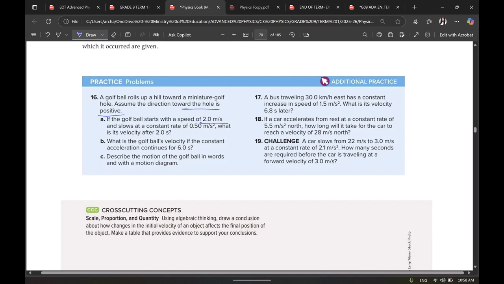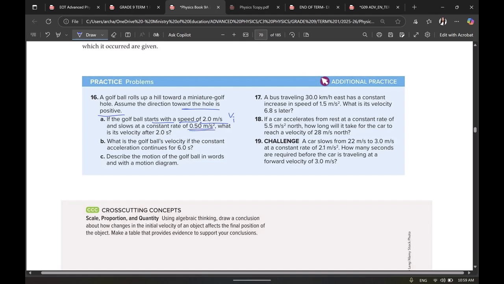It is starting speed, which means initial speed, represented as Vi. Write it like that.